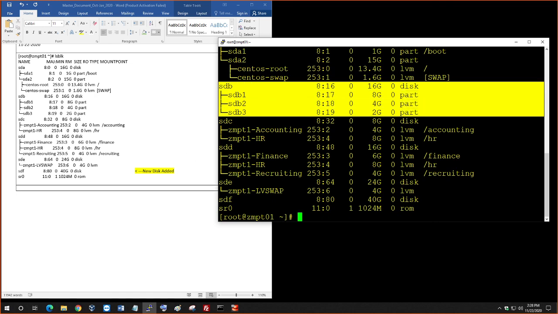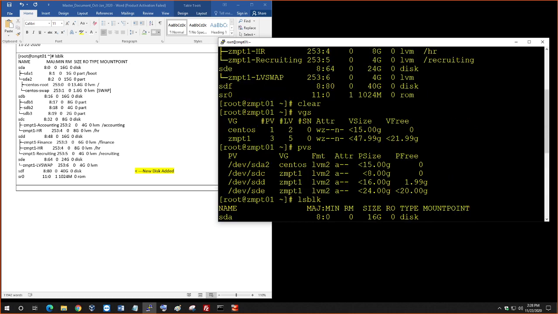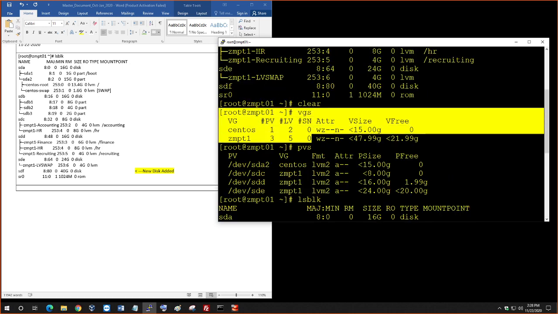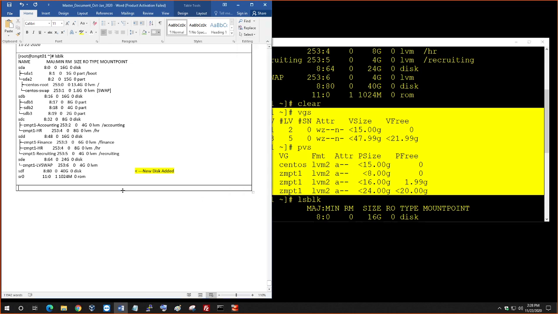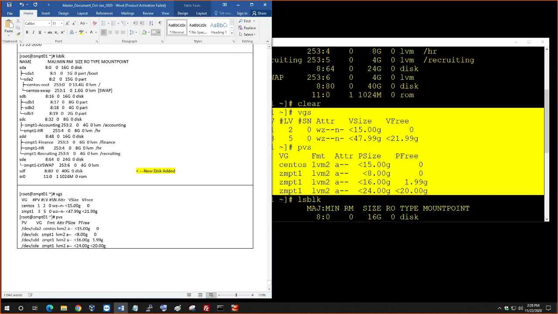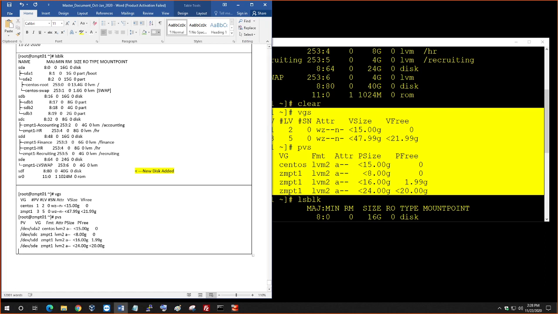These commands are LVM specific. /dev/sdf is not part of any group yet.